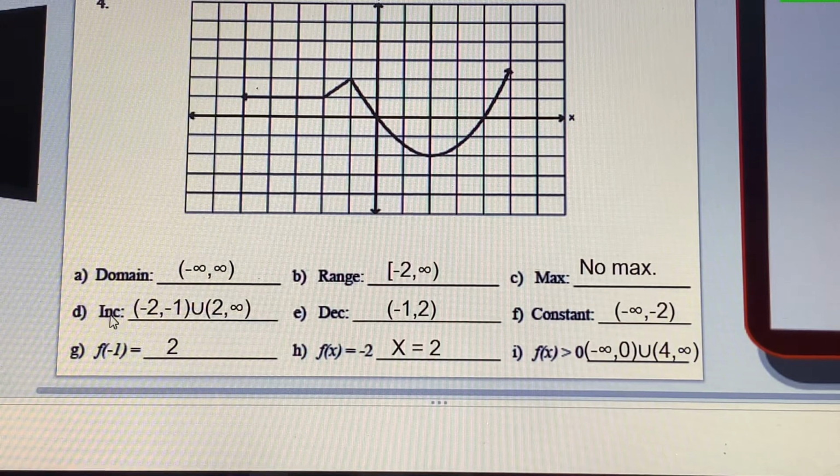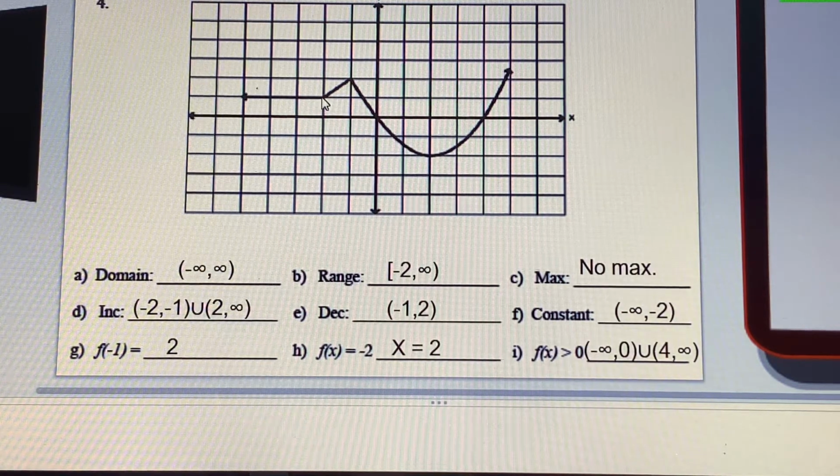Part D is asking where the graph is increasing. So reading from left to right, it's increasing here, and then it starts increasing again here upwards. Okay, so I have 2, and then I'm joining them with the union symbol. So it's increasing from here to here.